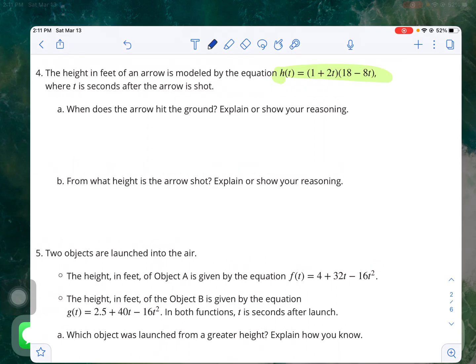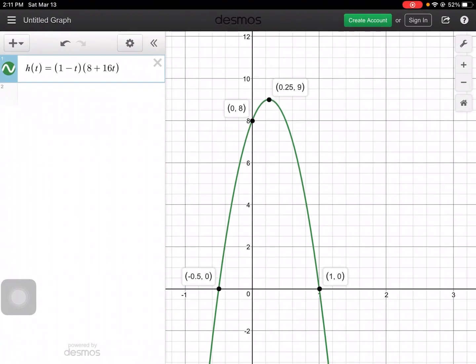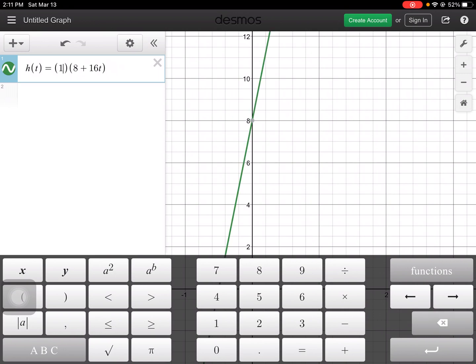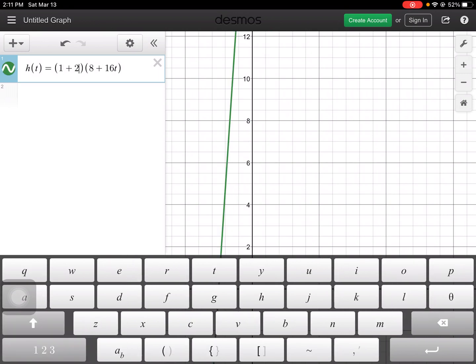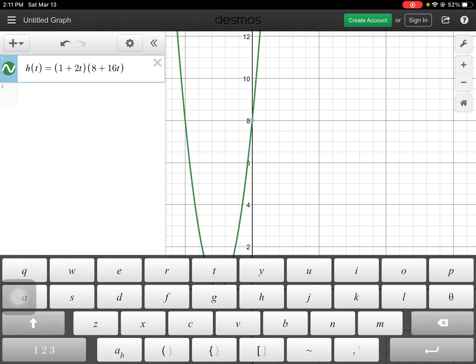So we'll go over here and type it in just the way it looks. So it's 1 plus 2t. And then 18 minus 8t.